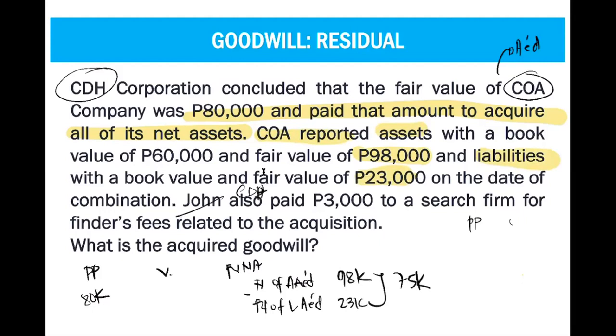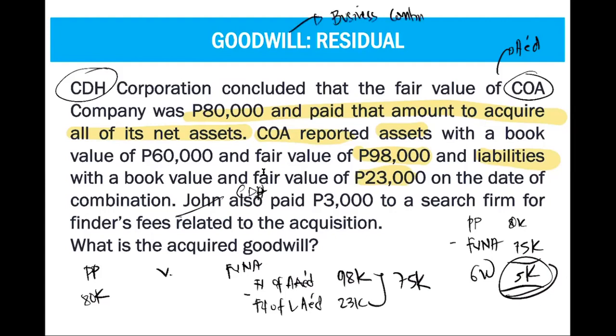So purchase price of 80,000 less the fair value of net assets of 75,000. What is the amount of goodwill? 5,000 pesos. Okay? Take note, goodwill only is present during business combination. So if there is no business combination, then you cannot measure a goodwill.